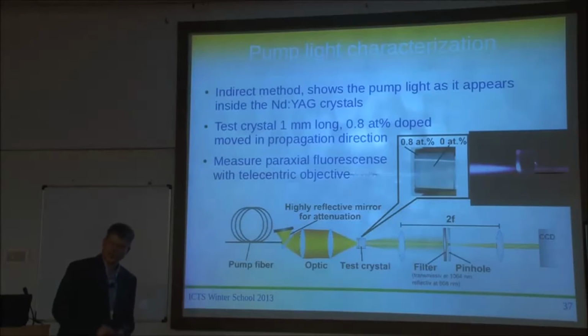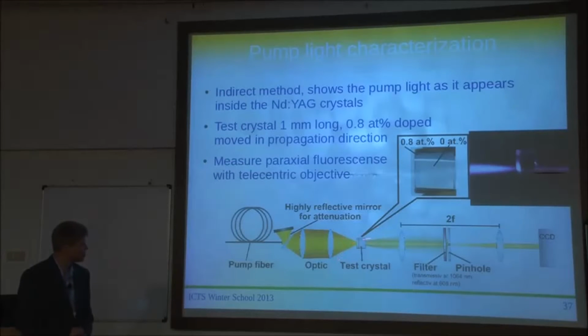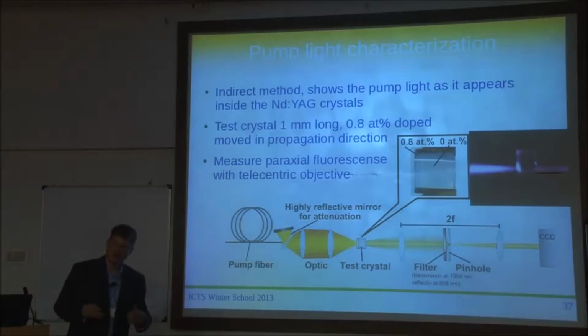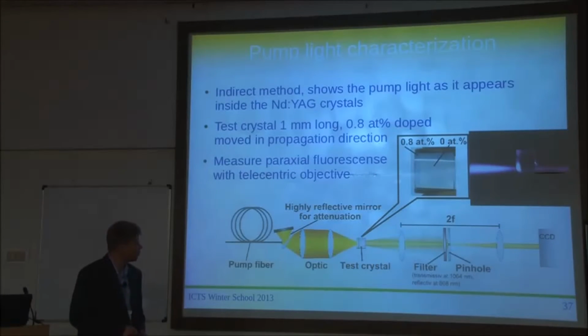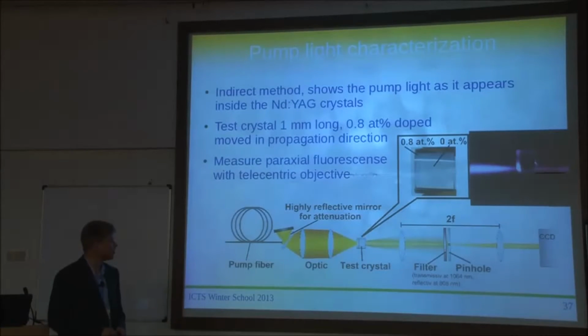There's not really lasing involved because the laser mirrors are missing, but there will occur some fluorescence, and this fluorescence is emitted isotropically, so it's basically going in all directions. But anyway, the fluorescence is created where the most pump light is. So we assume that the pump light is proportional to the fluorescence which is created in first order.